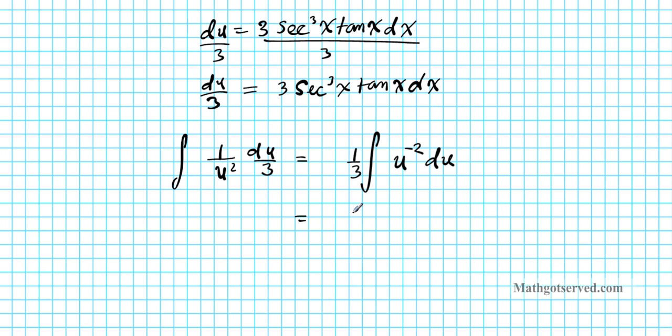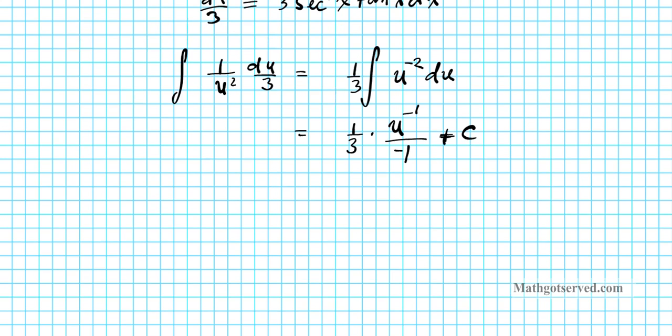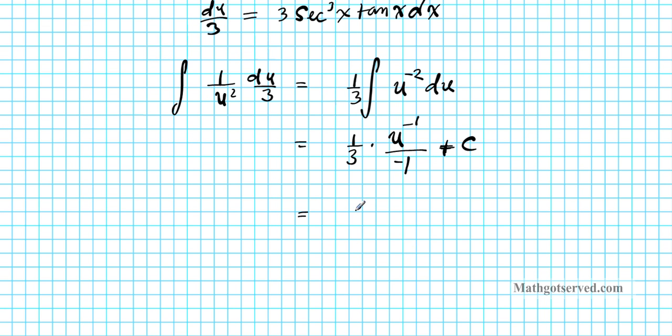Here this becomes 1/3 times u to the negative 2 plus 1, which is negative 1, over negative 2 plus 1, negative 1. So that equals, plus c. Don't forget that. Now let's simplify it a little bit more. This becomes negative 1 over 3u plus c.